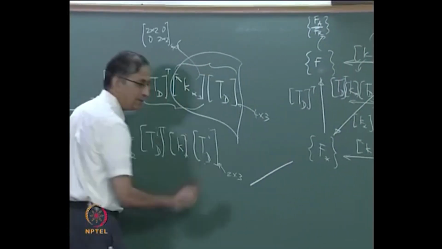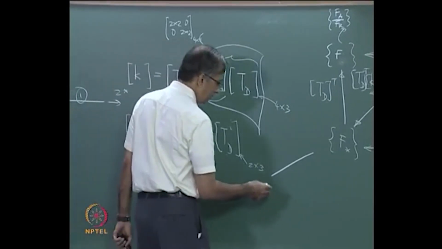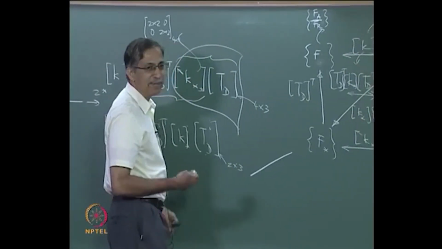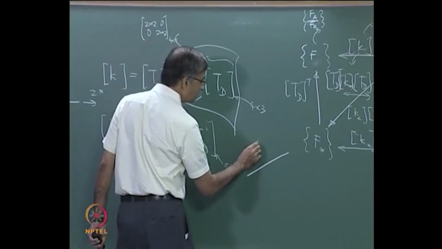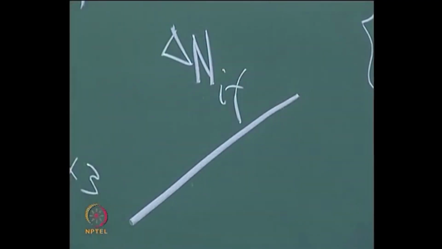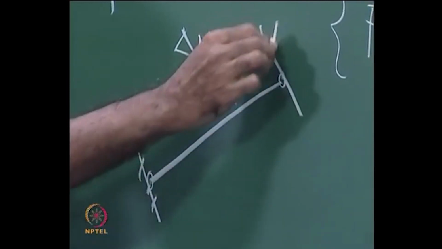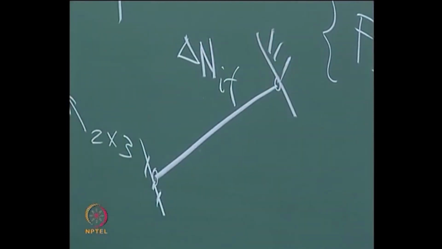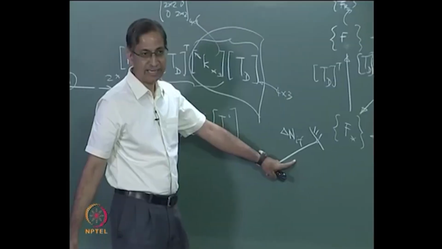Please listen, this is my vector. Let me not prejudge the issue, let me say this has some internal force delta Ni F. Can I say that? This is arrested due to some reason. Let us say I cool this bar, I reduce the temperature, then it goes into tension. You agree?